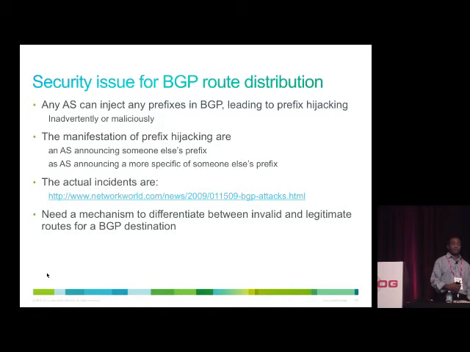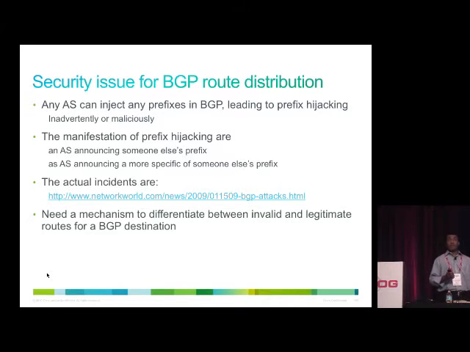The problem is, right now, any AS can inject a prefix unless you filter it, obviously. So I can inject a prefix into the internet, and that could create what's known as prefix hijacking.